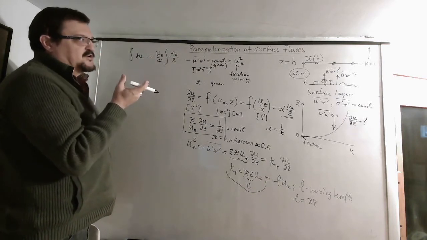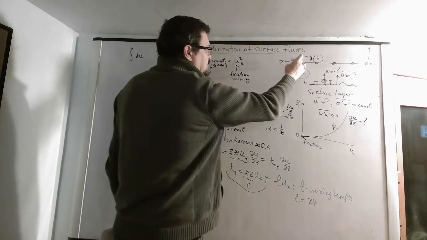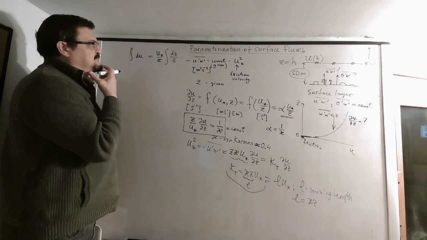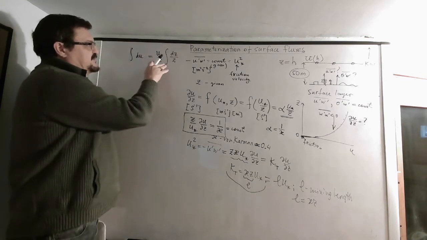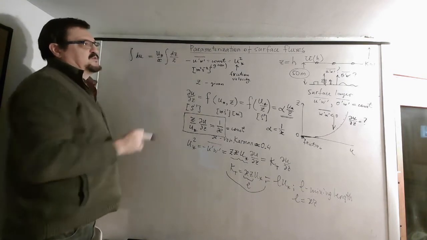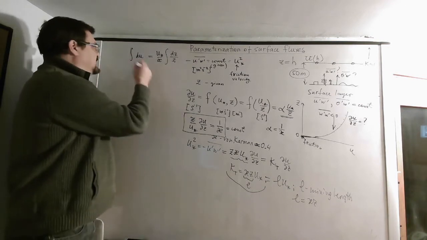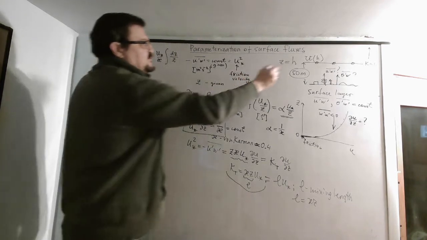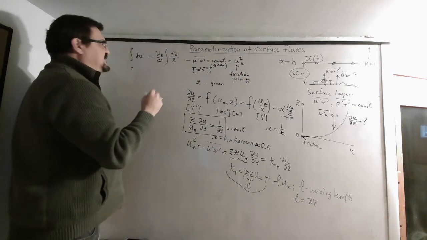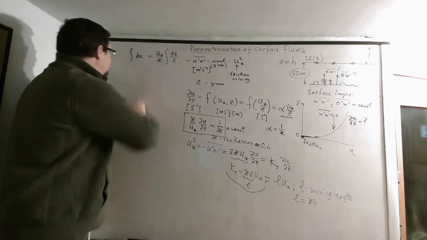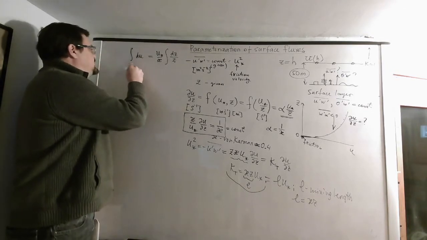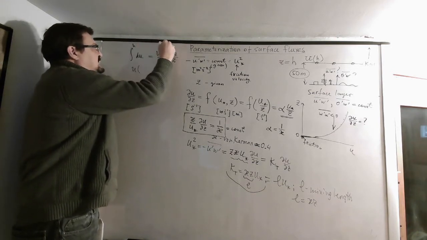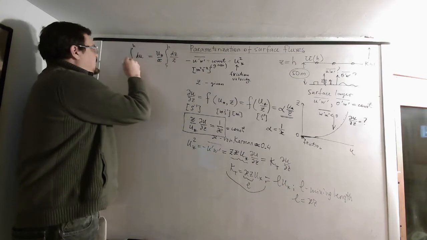Is it from 0? Let's say this is 0 to h. But actually, that wouldn't be plausible. Let's integrate it first. This one is just u, and we assume that u becomes 0 somewhere at the surface. The upper limit is definitely h, but the lower one we don't know.